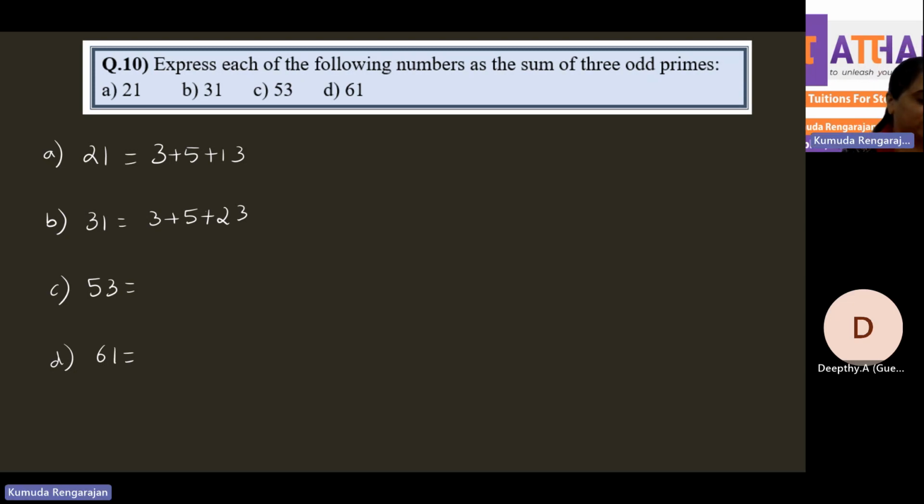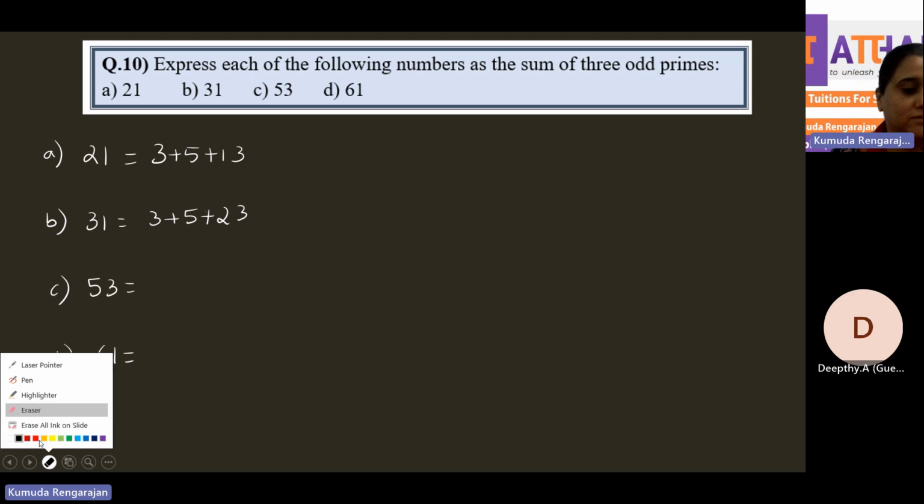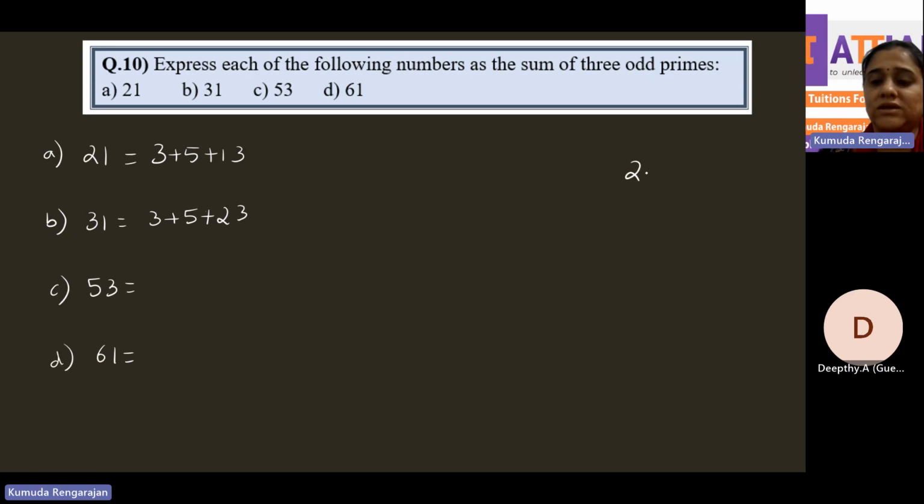Next one, 53. 23 plus 19 plus 11. Correct.